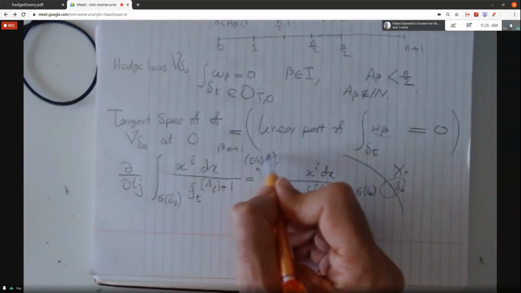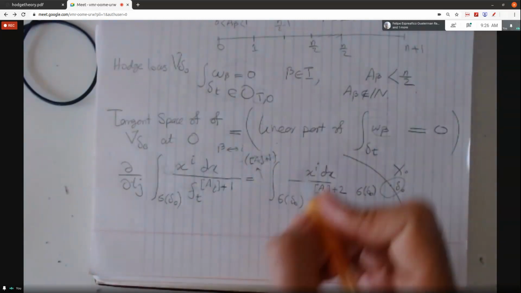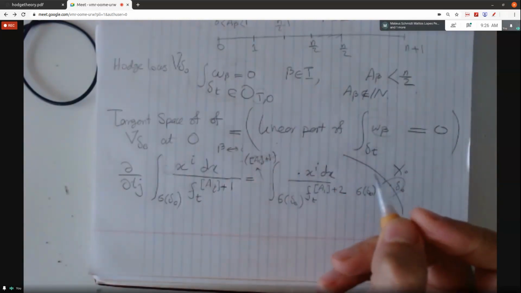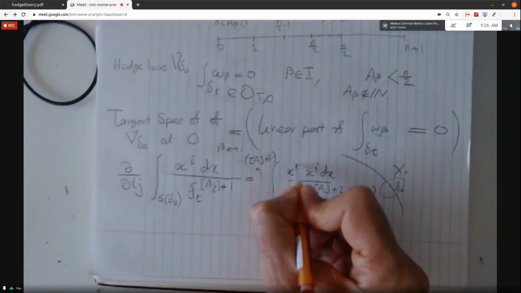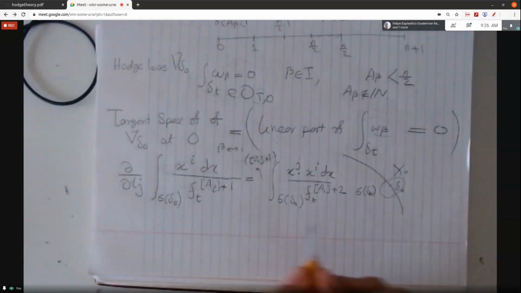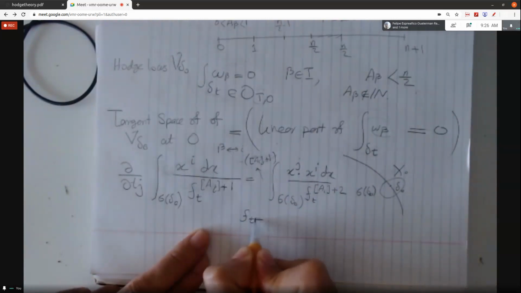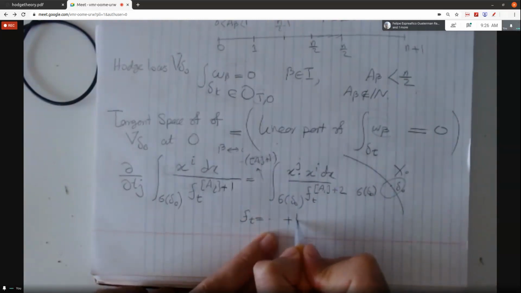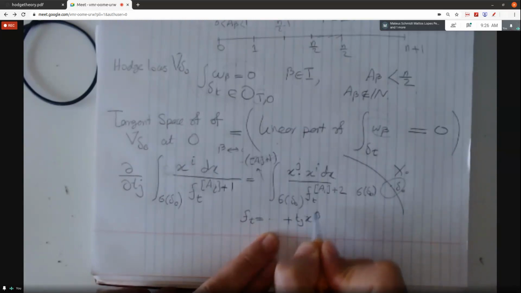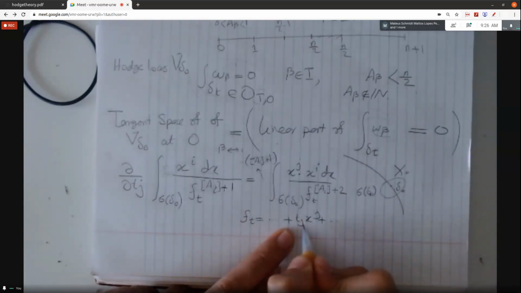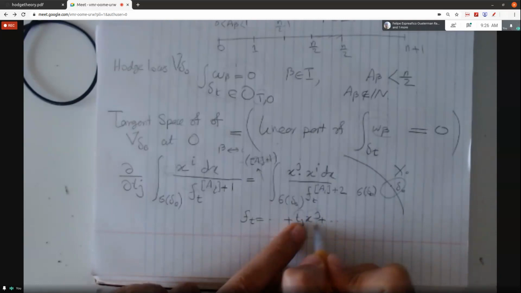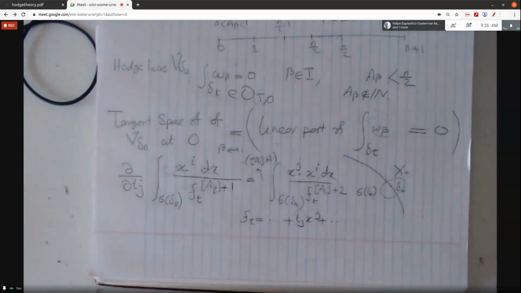But at the end, this constant doesn't matter. What matters is that there will be xi and then xj, because let's say ft is plus tj xj. So I am making derivation with respect to tj. So xj as the coefficient will pop up upstairs.